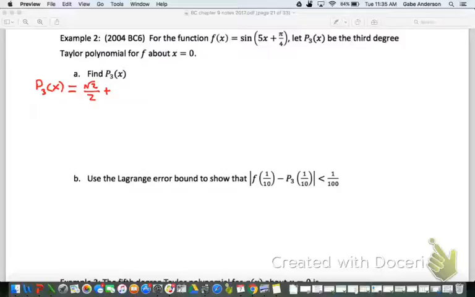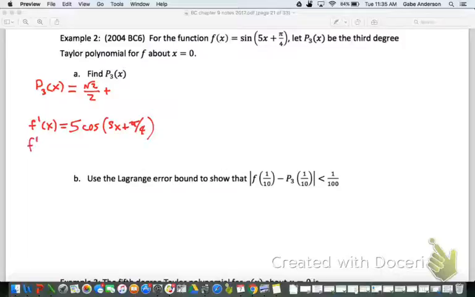Okay, so the next term is going to be based not on f of 0, but the coefficient will be f prime of 0. So I'll just write some little notes down here. So f prime of x would equal what? Good job. That's right. Let's not forget the chain rule in all of this. So 5 cosine of 5x plus pi over 4.